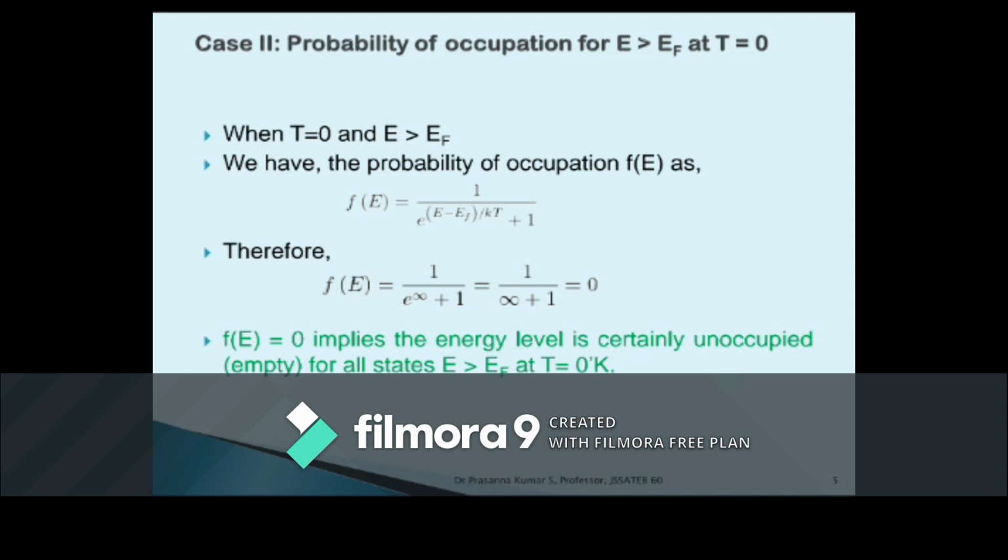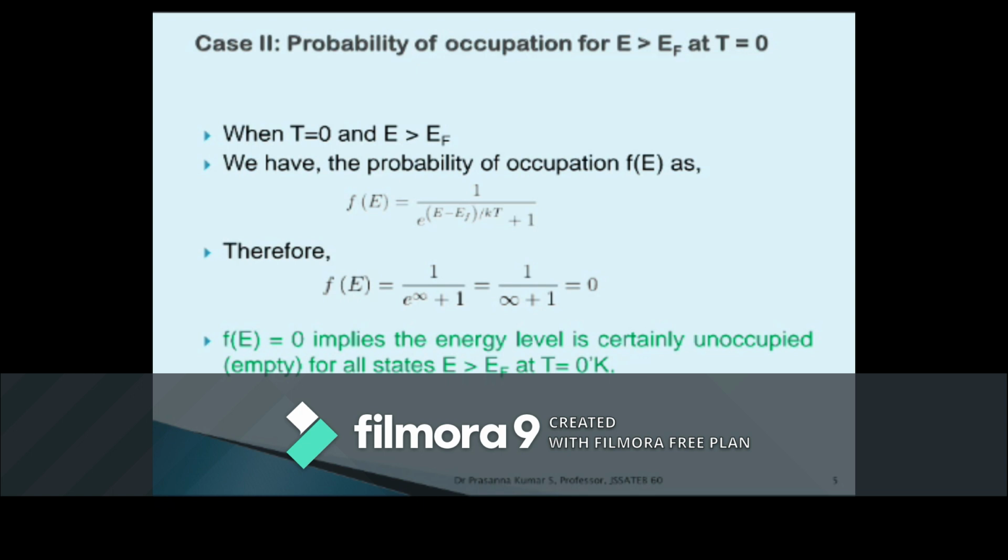If you look at the value of E minus EF, since E is greater than EF, the bracket becomes a positive quantity divided by k times T. Since T is 0, you have something divided by 0, therefore it is infinity. So f of E becomes 1 by e to the infinity plus 1.